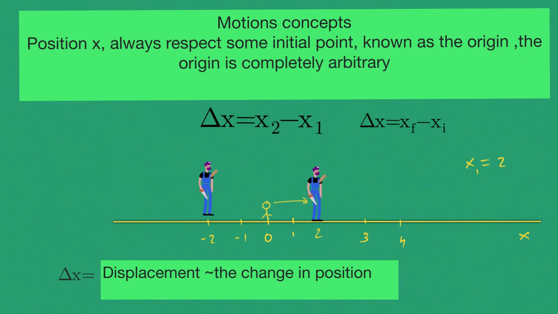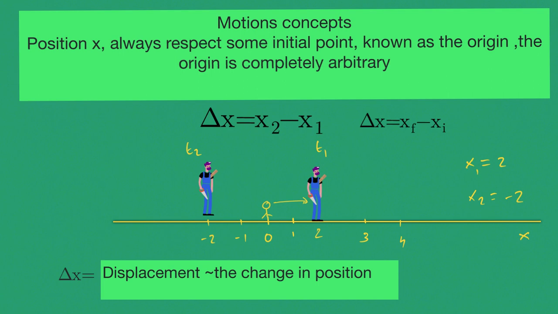The object will appear there. Now, at time t2, the object will appear here, so the observer will say x2 equal minus 2. So this is at the time t1, initial, and this is at the time t2, final. So what is the displacement?